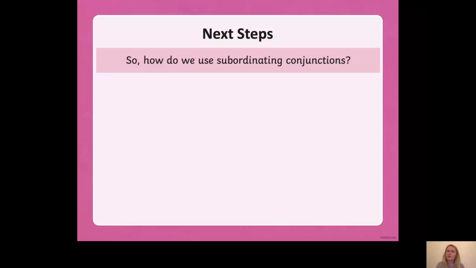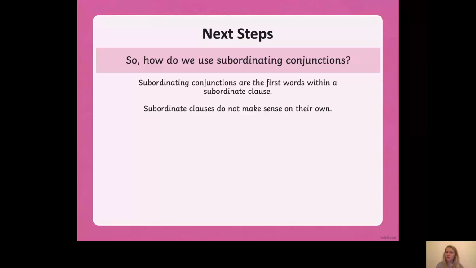How do we use subordinating conjunctions? Well, a subordinating conjunction is the first word within a subordinate clause. So a subordinate clause is, for example, because it is yummy, or if I finish my work. Those are our subordinate clauses in our sentences. And look, we have because and if at the beginning of those subordinate clauses.